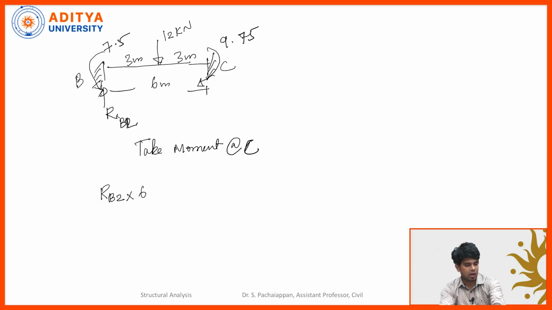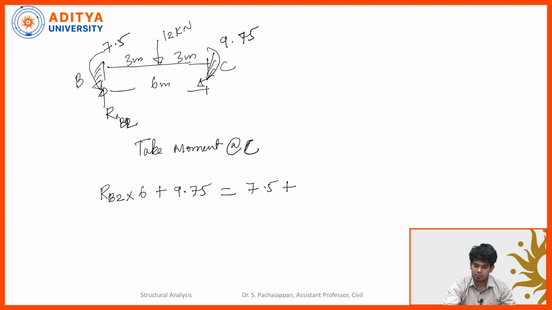So we will have RB2 multiplied by 6, then the clockwise couple 9.75, equal to the other side, anti-clockwise, 7.5 plus the point load 12 into 3 acting in the anti-clockwise direction. If you substitute these values and simplify, we get RB2 equal to 5.625 kilonewton.